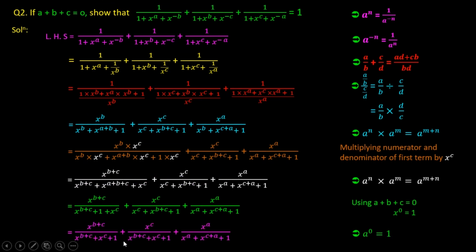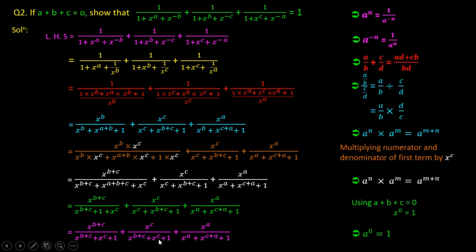And now x to the power b plus c, x to the power b plus c, x to the power c, I have just written the variables first and this number at the last. You can exchange the variables, but you don't have to change their sign. You are just exchanging their places, so don't change their sign. I have written x to the power c in the front and 1 at the back. I have done nothing here.